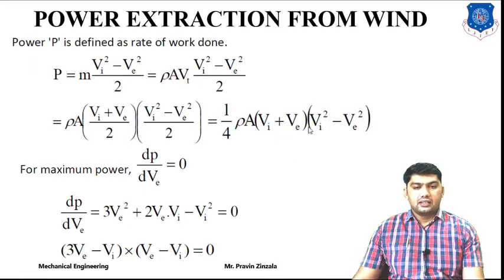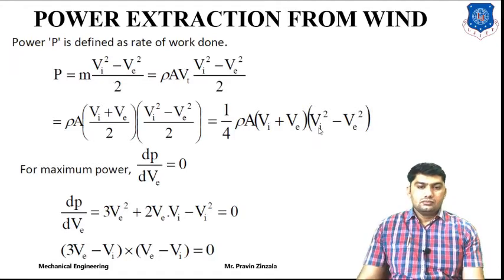By differentiating V square, this is the Vi and Ve square, 2 will be in multiplication, 2 minus 1 is equal to 1. And also the multiplication of Vi square and Ve. So this is the derivative of Vi square, means derivative of Ve with respect to Ve is equal to 1.